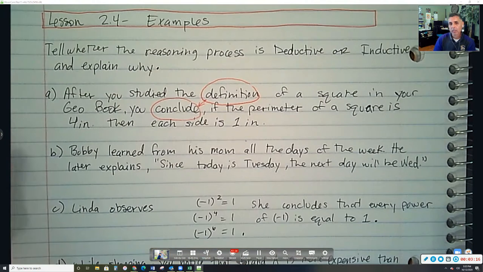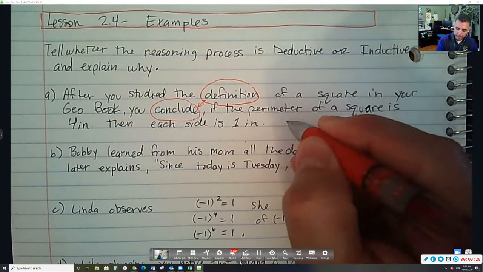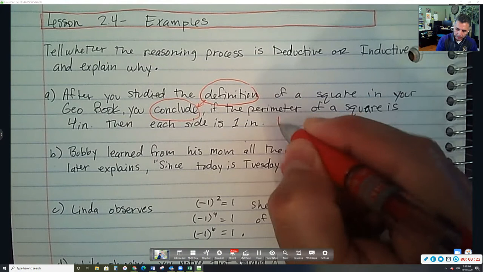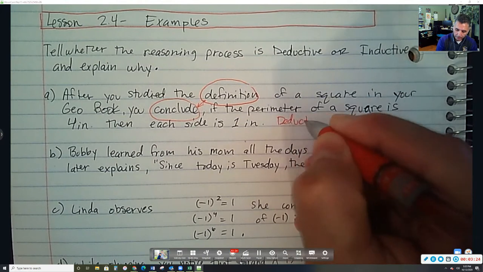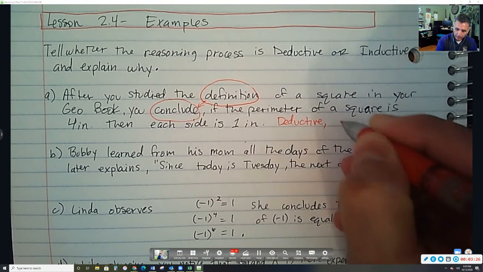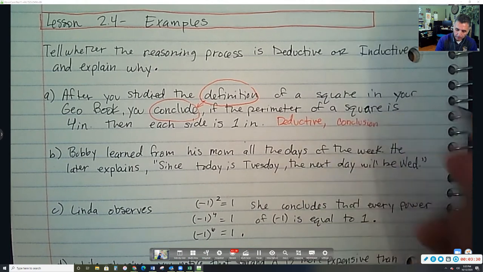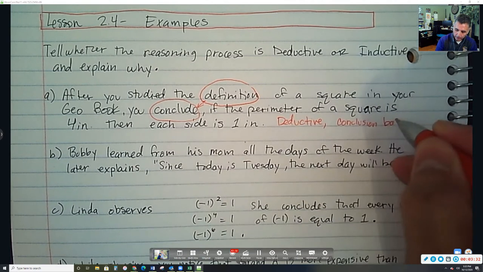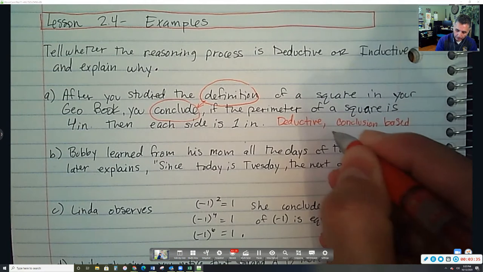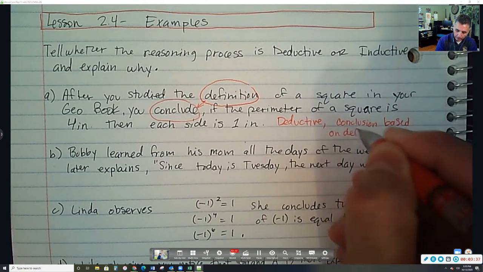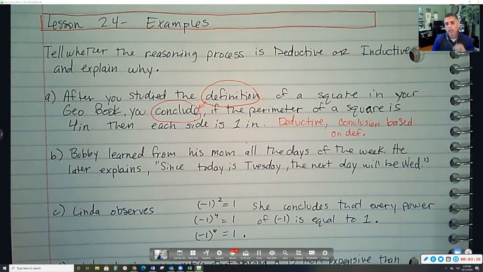Because our conclusion is based on definition, that is deductive reasoning. Deductive. And we can say something like conclusion based on definition.